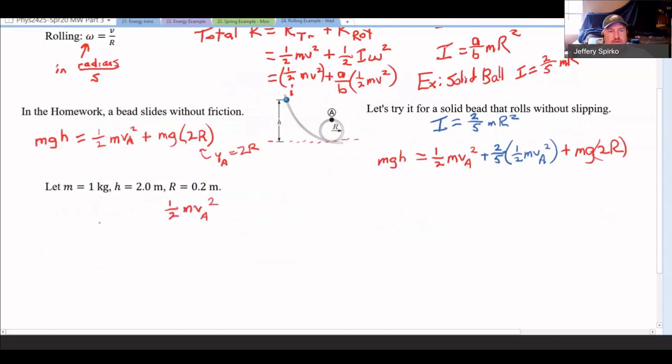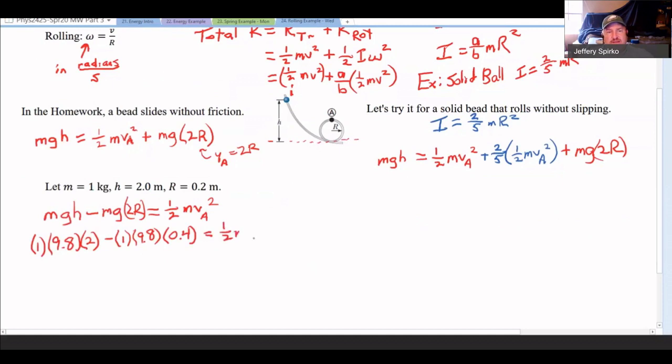So let's just take these two numerical terms and gather them together on the left side. mgh minus mg 2r. And this one is just 1 times 9.8 times 2 minus 1 times 9.8 times 0.4 equals 1/2 mv sub a squared.